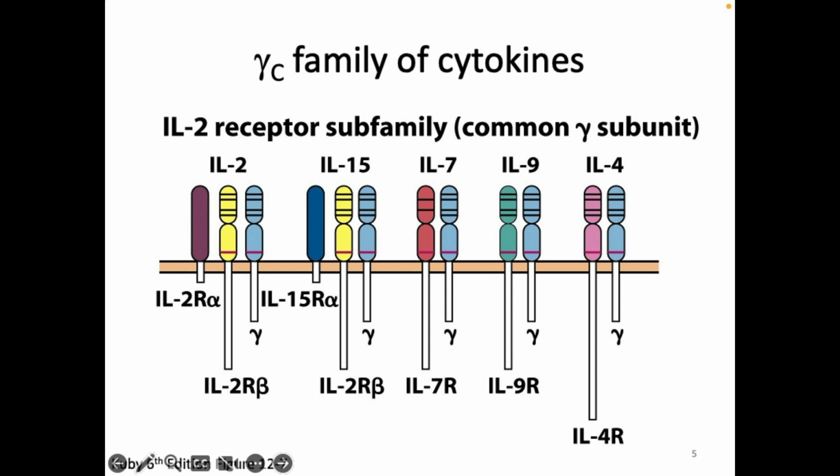And patients who have that mutation have something called SCID, or severe combined immunodeficiency, which basically means they have no B cells, they have no T cells, they have no NK cells, basically no adaptive immune response because of this loss of response to all of these cytokines. The common gamma chain gene is found on the X chromosome, and so this form of SCID is X-linked and is found much more commonly in boys.